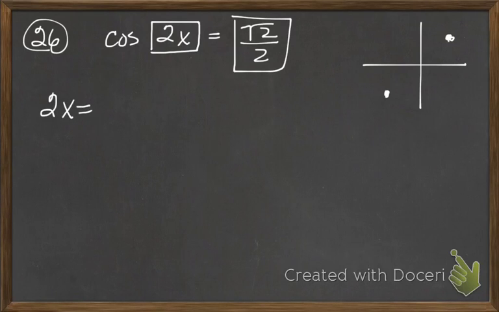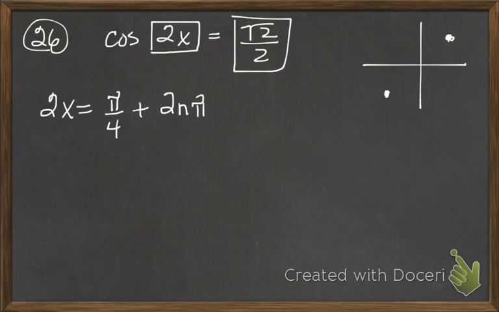Now this is what 2x is equal to, not x. Okay, so 2x is going to be equal to pi over 4 plus n pi or plus 2n pi? Cosine and sine, is that plus 2n pi or plus n pi? 2n pi, because cosine and sine have periods of 2 pi.